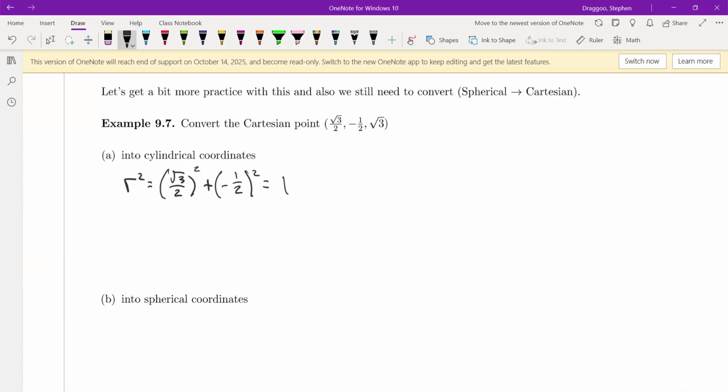And I'll also set up my equation for theta. It should look like tangent theta is equal to negative 1/2 over root 3 over 2, which will be negative 1 over root 3. And now from that information, I want to figure out what r and what theta are going to be.